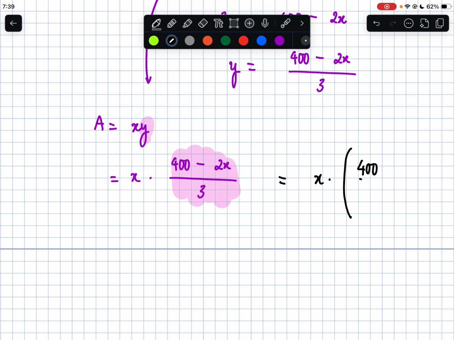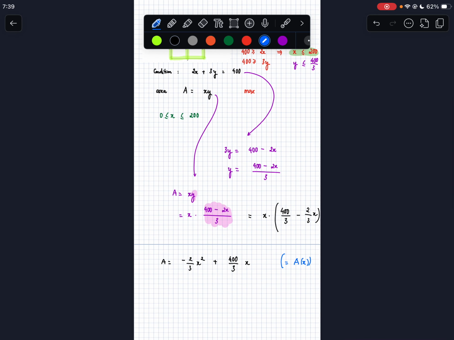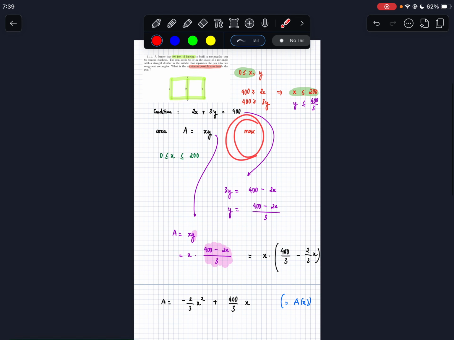Area is minus 2 over 3 x squared plus 400 over 3 x. Now we have area as a function of x. So we want this to get the maximum, we get the maximum area.